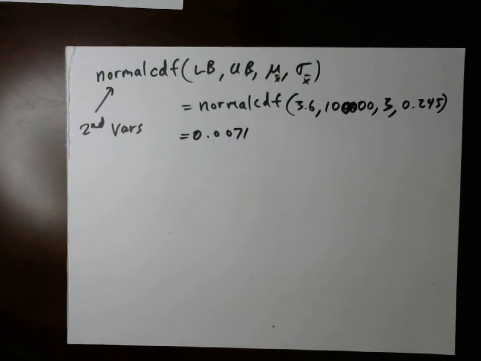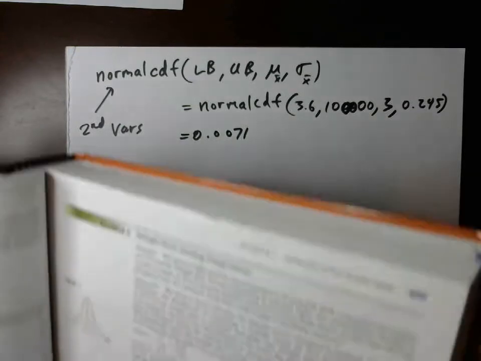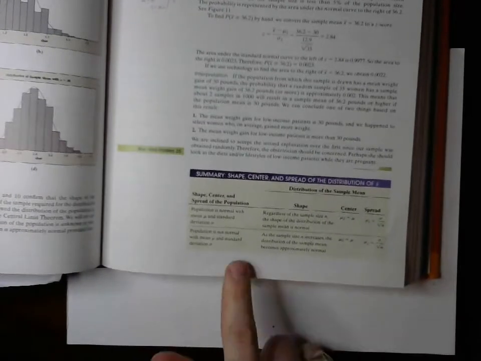All right, so anyways, that kind of concludes section 8.1. You can go to the end of section 8.1, and it has a summary at the bottom of the page right before the exercises start, and it summarizes everything we just talked about. This is what I'm talking about.